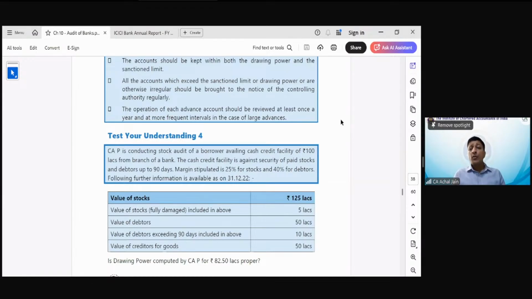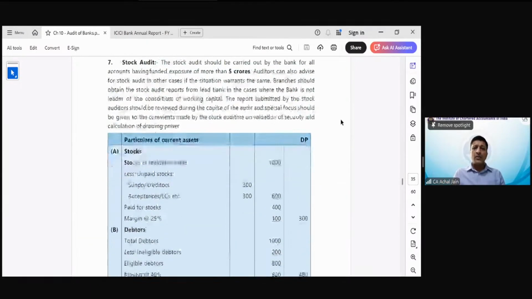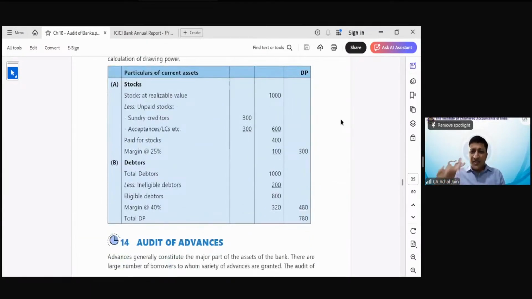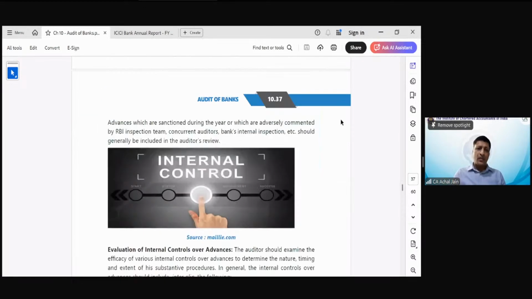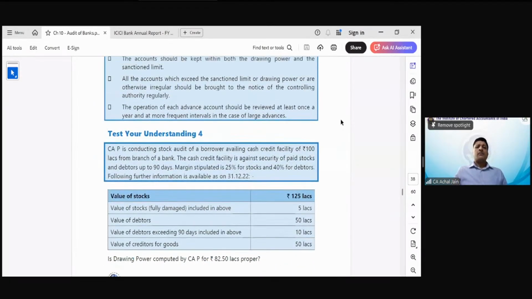So what will be required on your part to recompute this? I believe there are two things you have looked at. Let me just go back. If we go back to that particular sheet, we discussed how the drawing power is required to be calculated. That's number one. Number two, if I go back to this question, I understand that most of the criteria one needs to consider for calculating drawing power is actually given in the question itself.